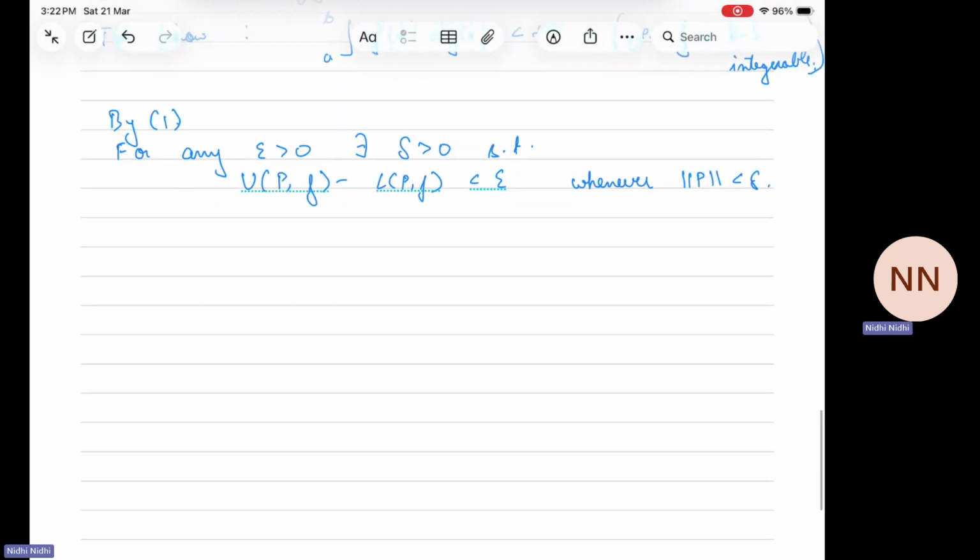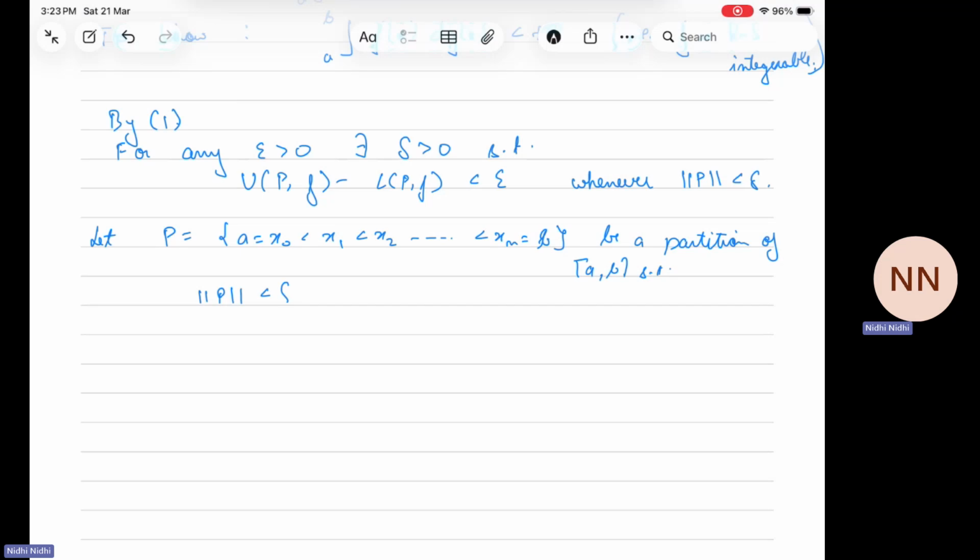Now let's take it specifically. Let P equal to x naught, x1, x2, up to xn equal to b be a partition of [a, b] such that norm P is less than delta.